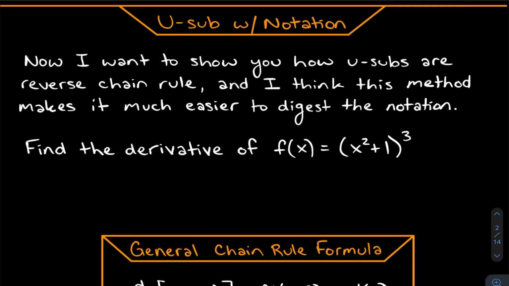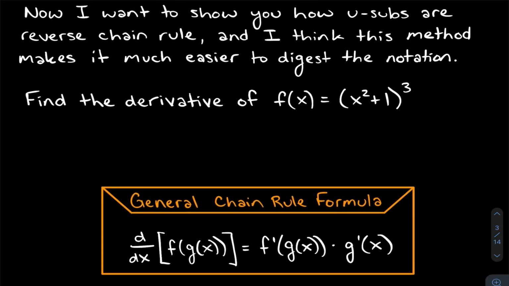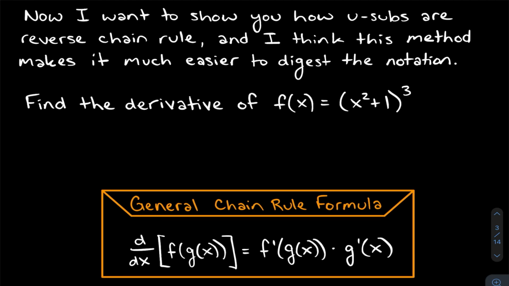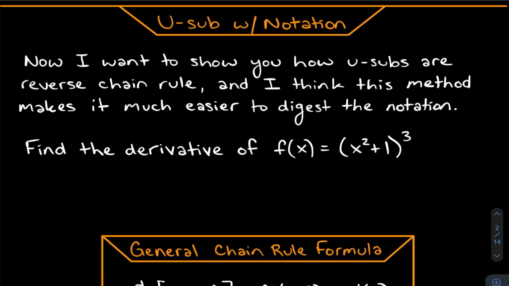And to be honest, I feel like how u-subs are taught a lot of the time is just kind of like how chain rule is usually taught. With chain rule, I'll show you exactly what happens. A lot of professors or a lot of teachers will start with just saying, hey, here's what chain rule is. And you're like, what is this? Right? And I'm sure you probably remember that feeling.